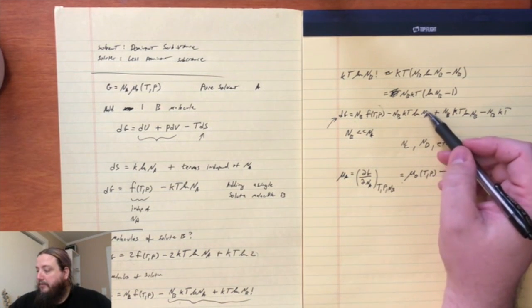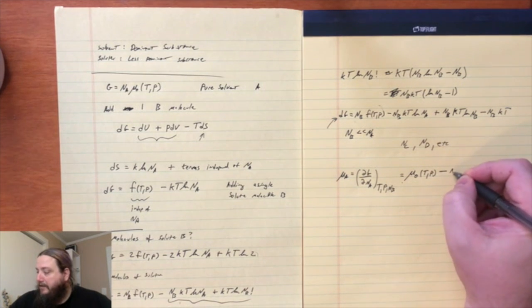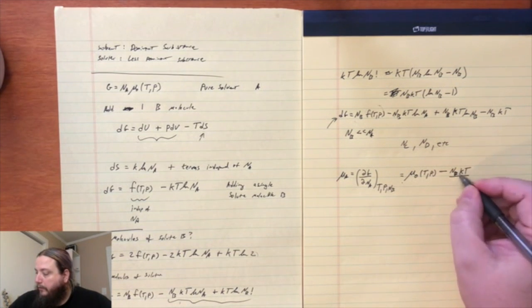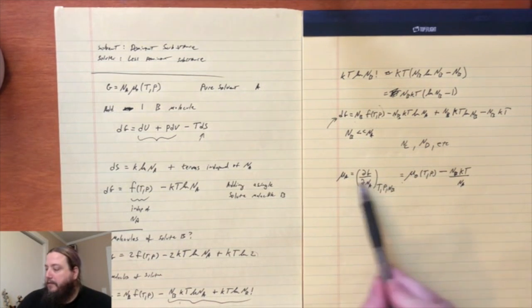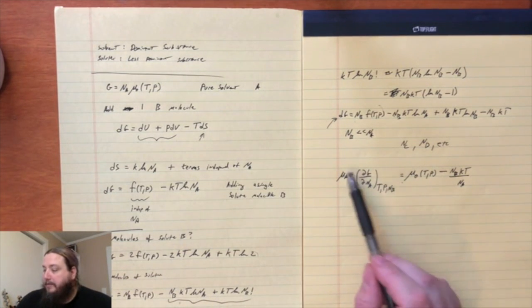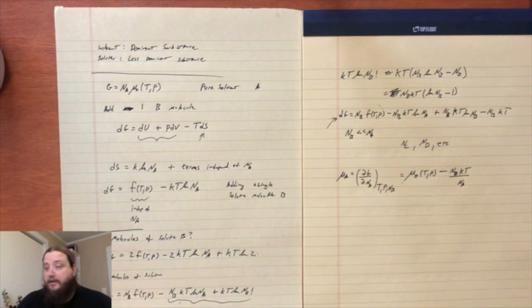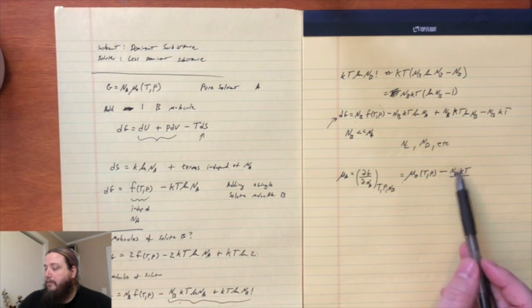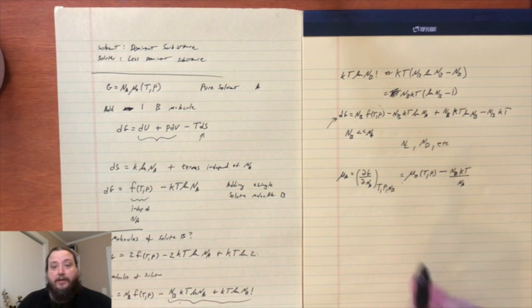And that's going to be a derivative of log NA, or in other words, just minus NB KT over NA. All right, so this is the modified chemical potential of our solvent. And what we can see here is that as you add more and more solute to our material, it's going to decrease the chemical potential of our solvent.